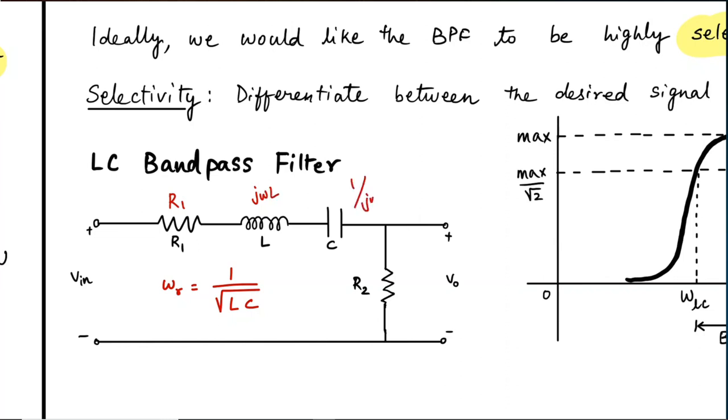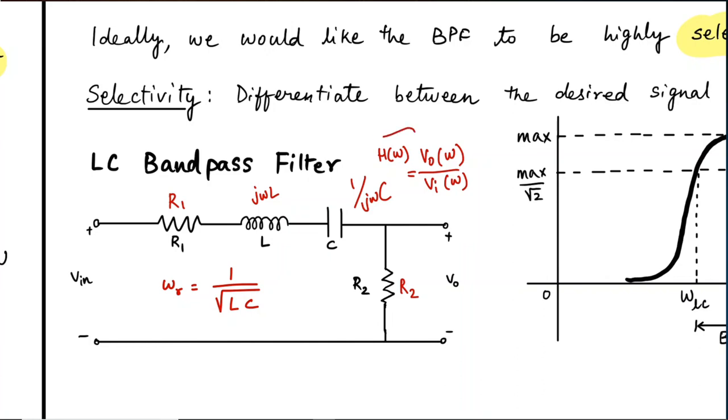Once I write these impedances of these ideal components, then I can use the voltage division rule to write V_O of omega divided by V_I of omega, right? So that would be my H of omega. That would be my frequency response of this bandpass filter. So I hope from the knowledge of circuits you are able to do this step.